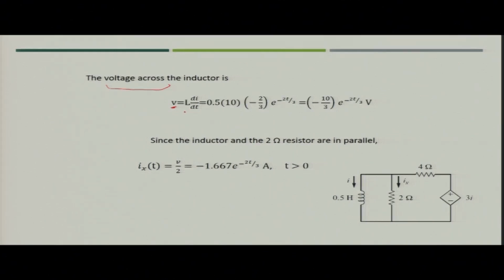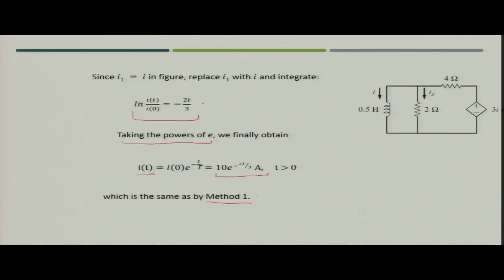So, the voltage across the inductor is L di by dt. We can put the value of inductor L and the initial value of current I naught, because when you differentiate I(t), you will get the value of di by dt.